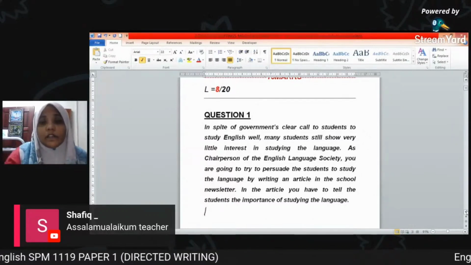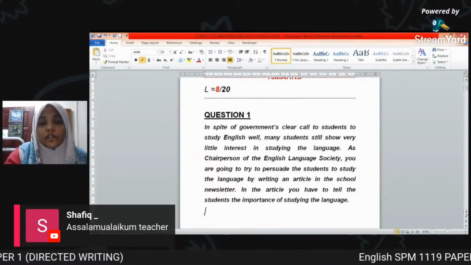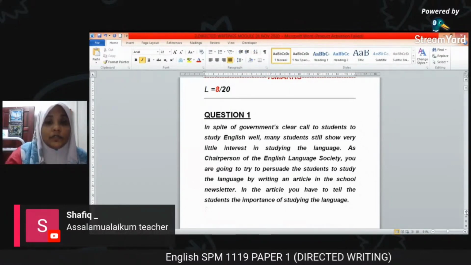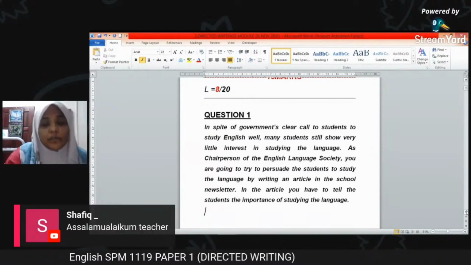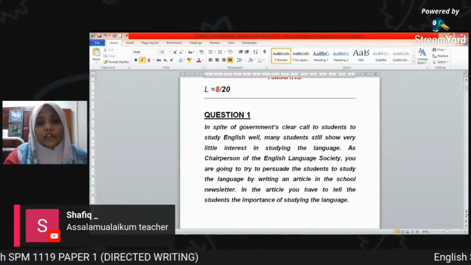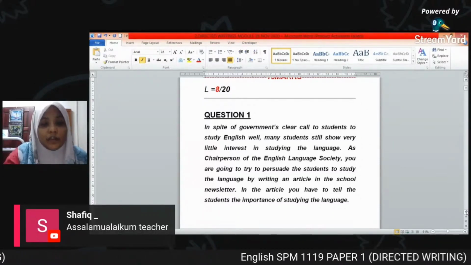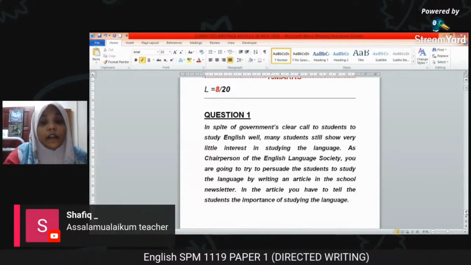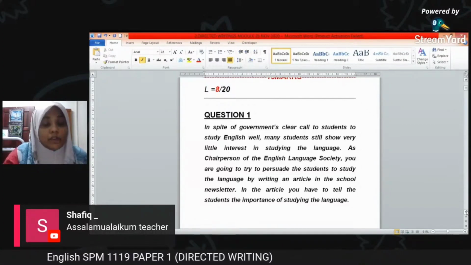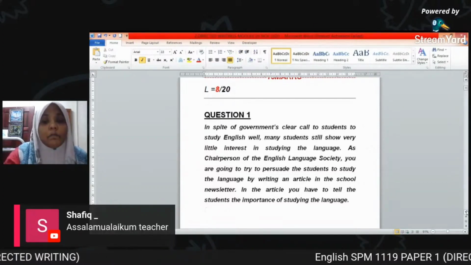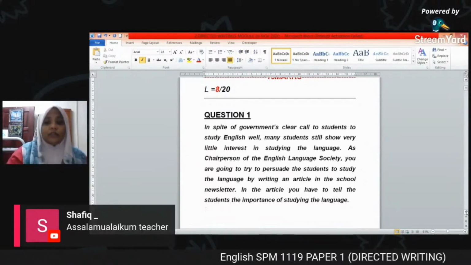In spite of the government's clear call to students to study English well, many students still show very little interest in studying the language. As chairperson of the English Language Society, we are going to try to persuade the students to study the language by writing an article in the school newsletter. In the article, you have to tell the students the importance of studying the language.